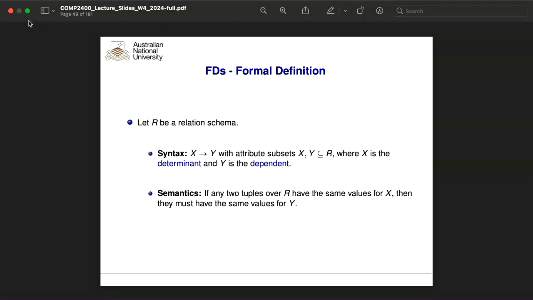It doesn't matter, because this functional dependency doesn't care about that case. So you can have the same value or a different value, and that's all good. A functional dependency is trivial if Y is a subset of X.